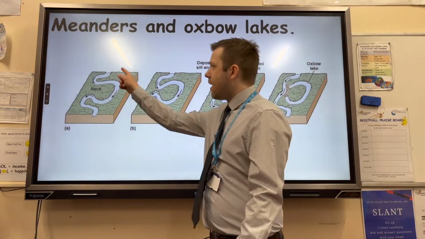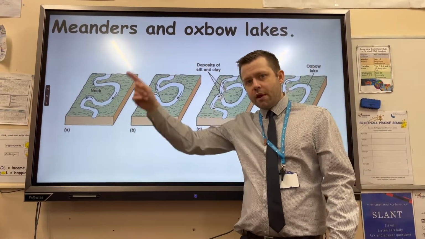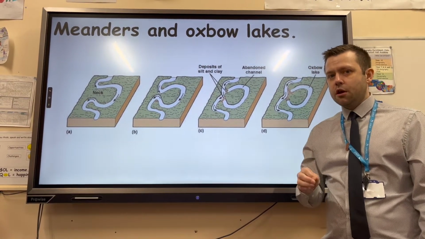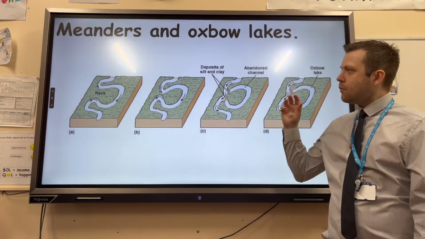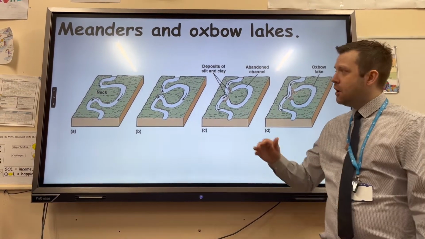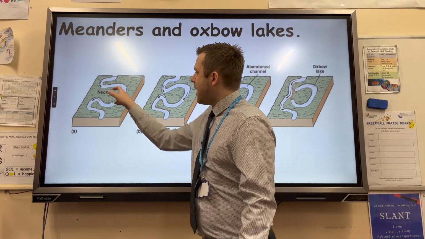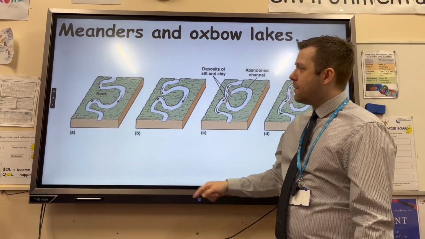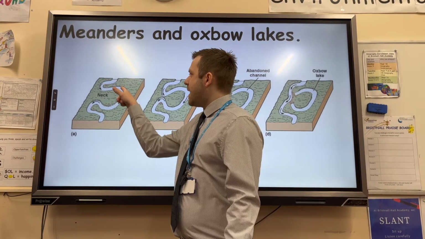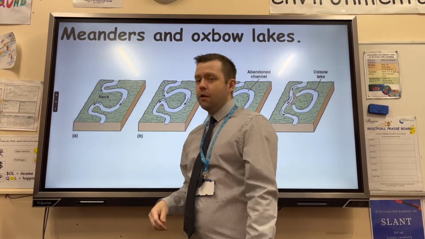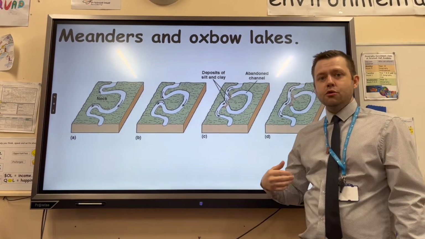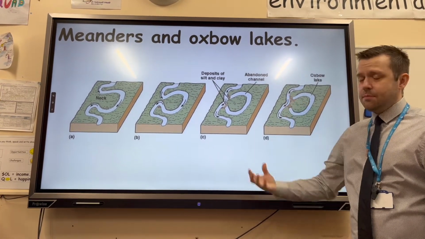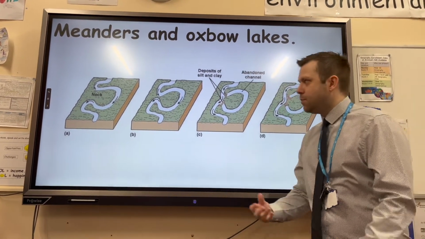As a river moves around its bend, it will erode rapidly on the outer curve because this is where water is travelling fastest. So on the outer curve there, and there, water is eroding quickly, whereas on the inner curve, such as there, and there, the water is travelling slowly due to more friction, and this is going to cause deposition, which is when sediment is put down.